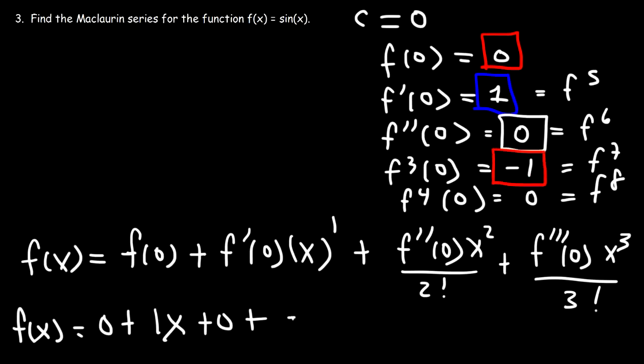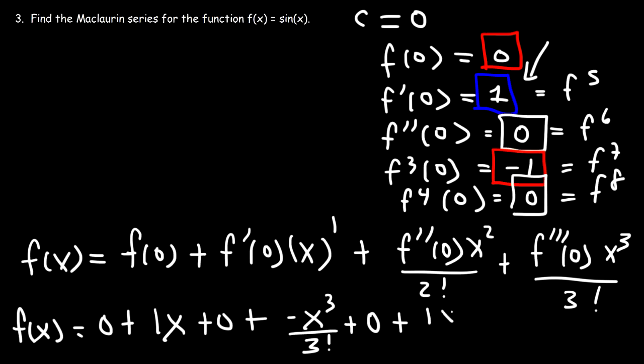So it's going to be negative x cubed over 3 factorial. And then the next term for the fourth derivative is going to be 0. And then plus the fifth derivative. So it's going to be 1 times x to the fifth over 5 factorial. And then plus 0. And then minus, for the seventh derivative, negative 1 times x to the 7 divided by 7 factorial.